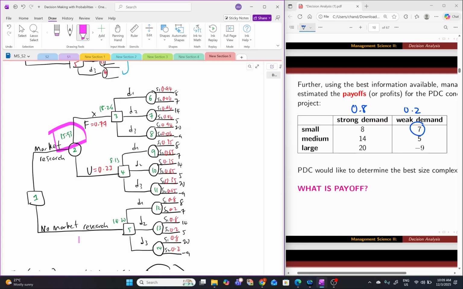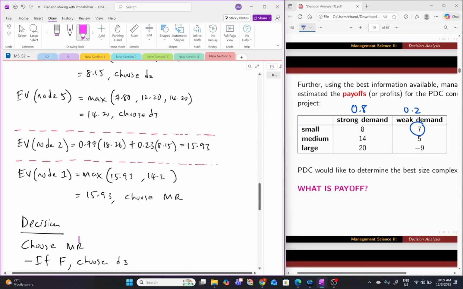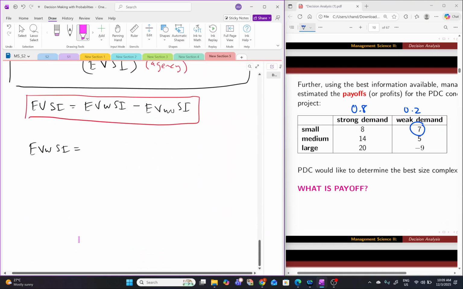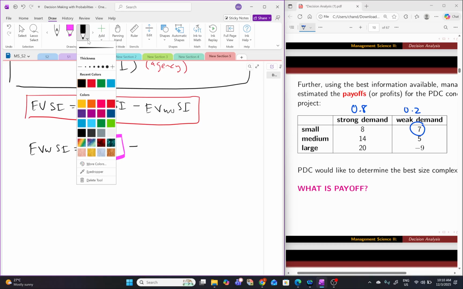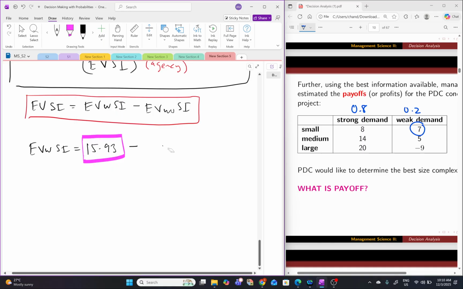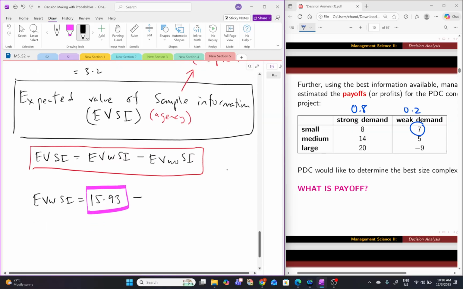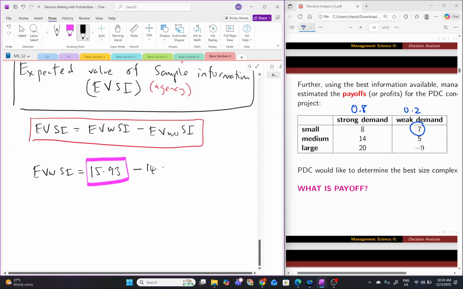Nanti saya ada video, nanti saya akan share. Boleh rumah tengok sekali lagi. 15.93. 15.93. Saya highlight yang ini. Minus EV without SI ini sama dengan yang warna hijau tadi. Warna hijau tadi apa? 14.2. Let me double check.